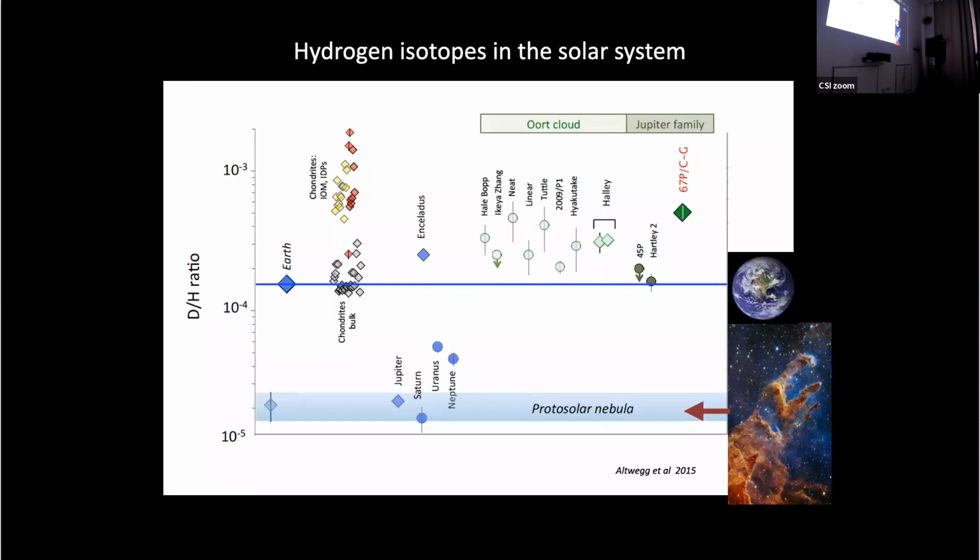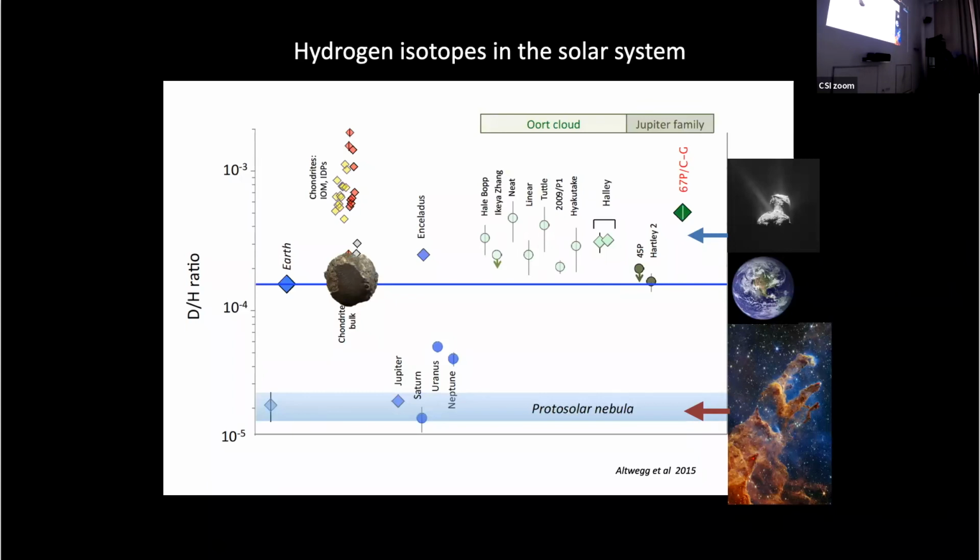So there's been some process or some heterogeneity that enriched the inner solar system, represented by Earth and also by primitive meteorites, in deuterium by a huge amount. And finally, you have another very interesting reservoir, which is here, the cometary reservoir. Most comets are rich in deuterium, even richer than the Earth.